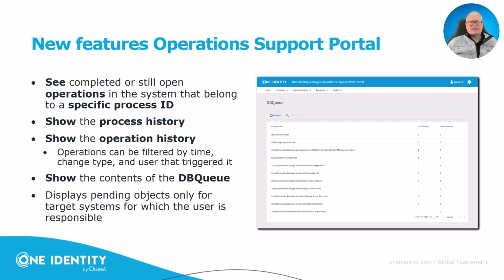This feature now exists in the operations portal as well. Last but not least, there is the display of pending objects. Pending objects are objects which are just pending. They are on the way to being done. They can now be displayed in the operations support portal as well, but only if you are responsible for a specific system.